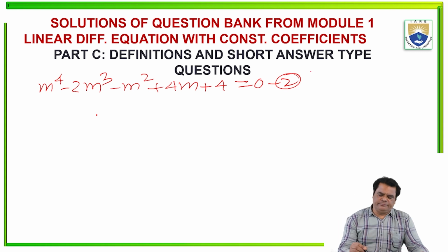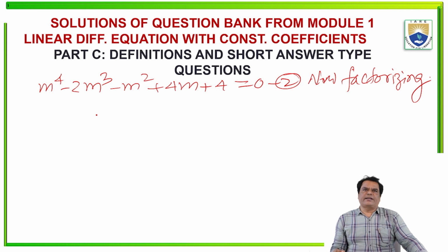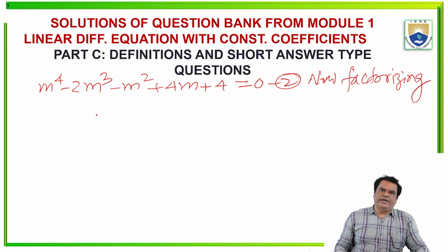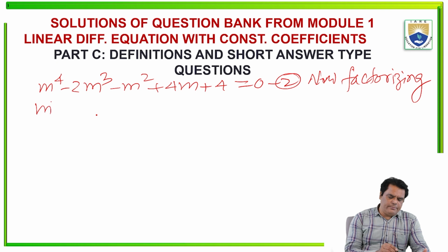Now factorizing this. How can we factorize this? So there are 4 roots of the equation. So here m is common. In this bracket m square is common.